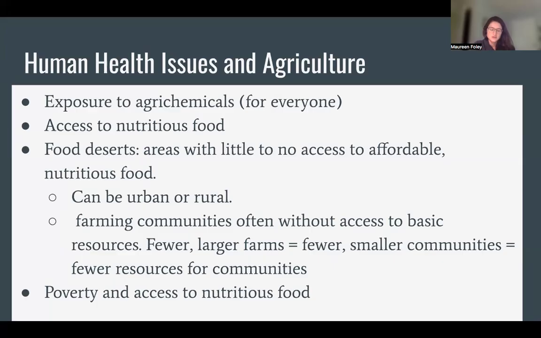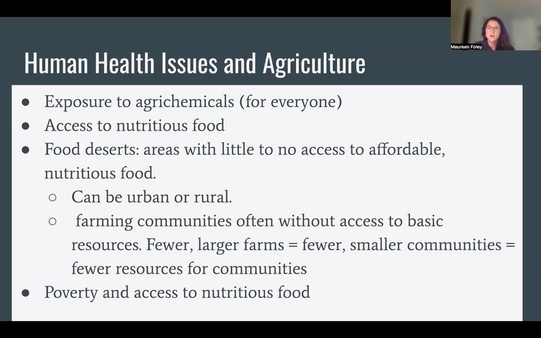It's easy to forget for some of us living on the West Coast where we grow a lot of fresh fruits and vegetables, that's not the case for every community. Many communities do not have access to affordable or nutritious foods. And these are areas that are referred to as food deserts.